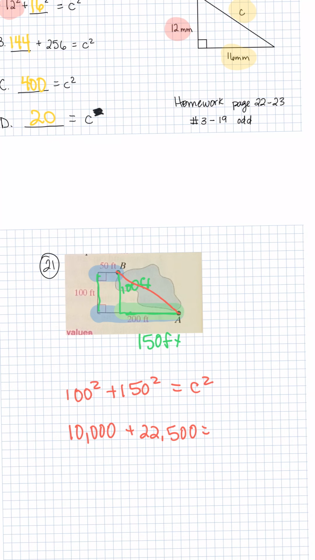Add those together, equals 32,500. Find the square root. It's going to equal approximately 180 feet.